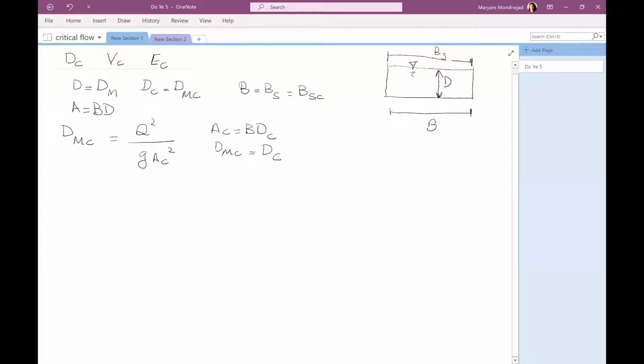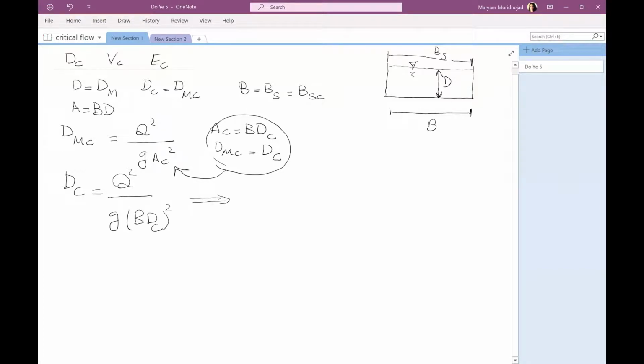So let's substitute these two into this equation. Instead of DMC, we write DC equals Q squared over G, and instead of AC, we write B DC squared.